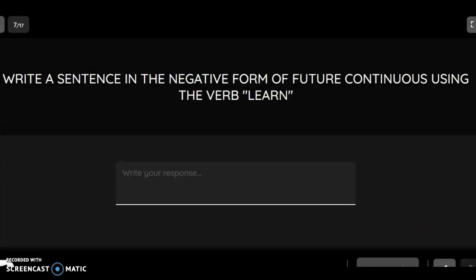Number 3, write a sentence in the negative form of the future continuous using the verb learn. Go ahead, write your own sentence. Okay, now you're going to compare your sentence to my sentence.